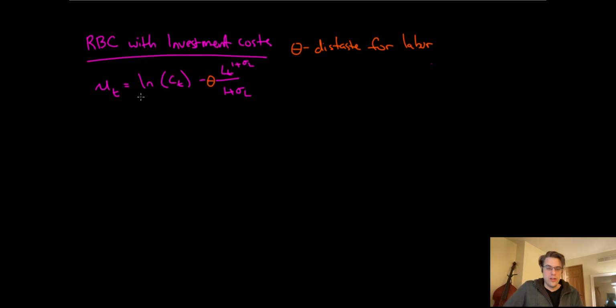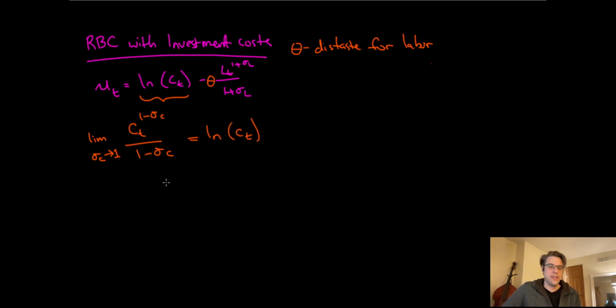You should also know that there's a connection between log utility and the CRA function, that if you look at our normal c_t to the 1 minus sigma_c divided by 1 minus sigma_c, and you solve for the limit as sigma_c goes to 1, then this will be equal to the log of c_t.